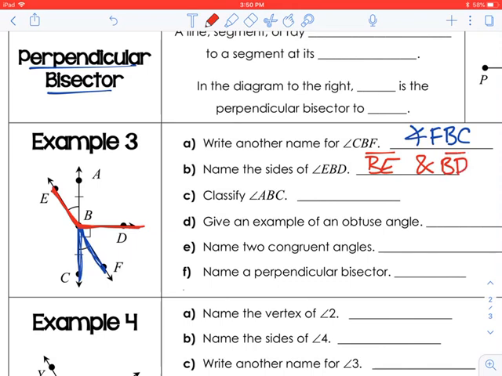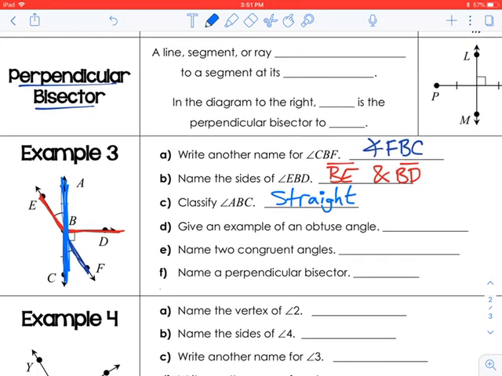Classify angle ABC. If you see that, it goes straight across. Since it goes straight across, it's called a straight angle. It's 180 degrees. Next, give an example of an obtuse angle.